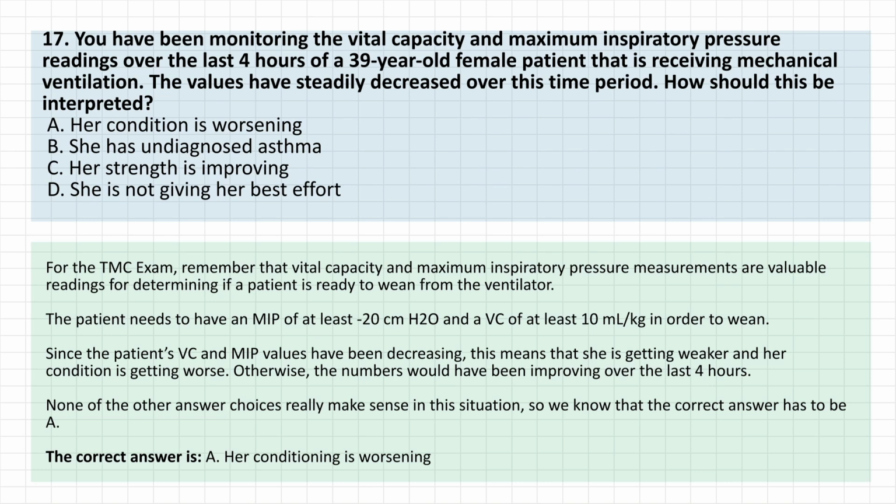Since the patient's vital capacity and MIP values have been decreasing, this means that she is getting weaker and her condition is getting worse. Otherwise, the numbers would have been improving over the last 4 hours. None of the other answer choices really make sense in this situation, so we know that the correct answer has to be A. Her condition is worsening.